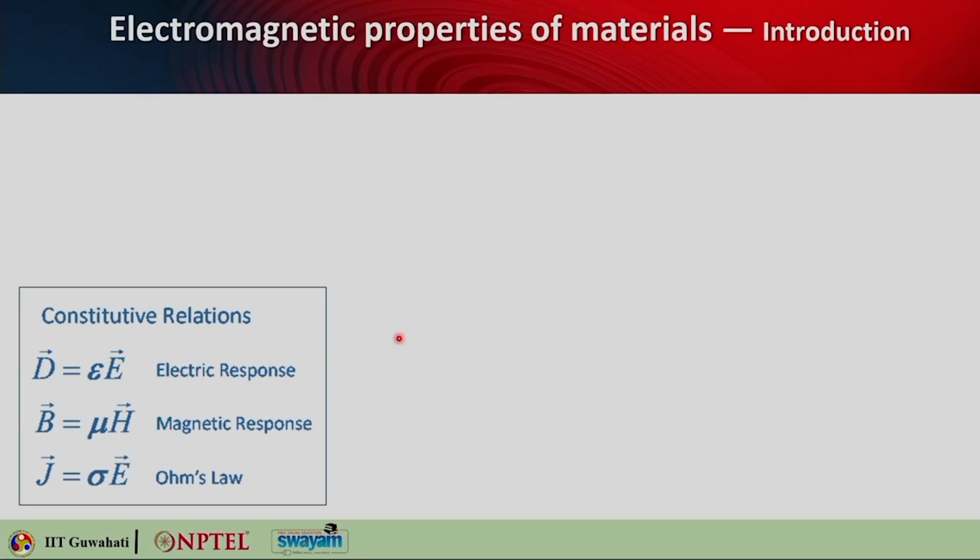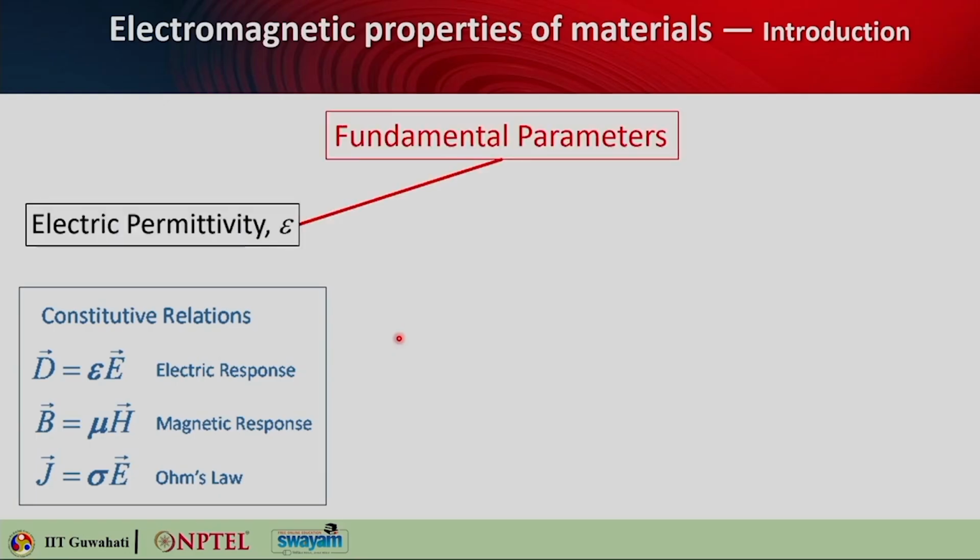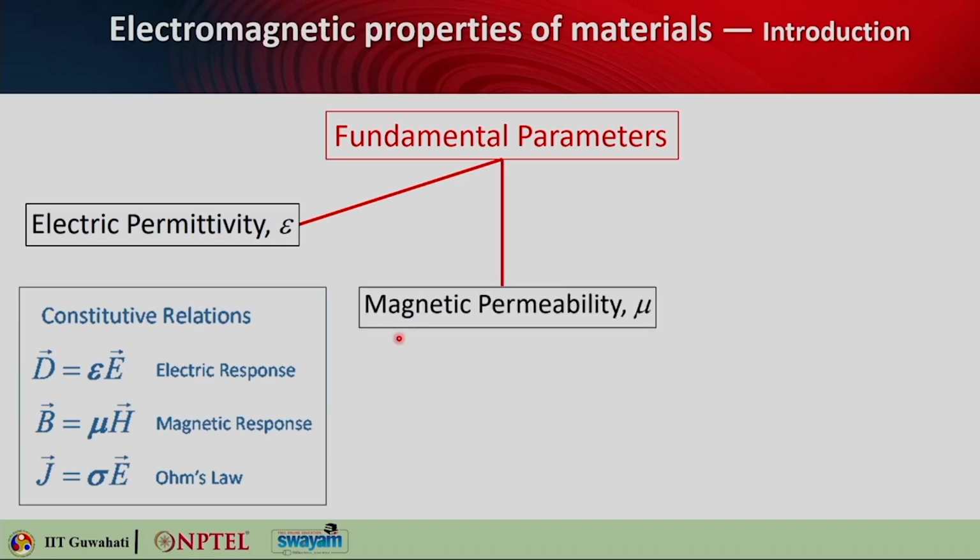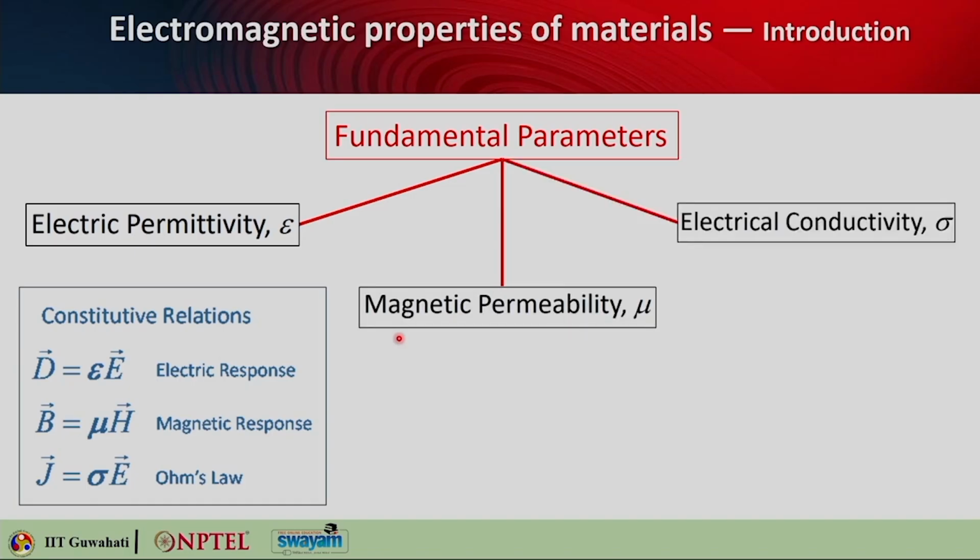When the field interacts with any material, there are a couple of fundamental parameters. One is electric permittivity, that is epsilon, then you have magnetic permeability, that is mu, and then there is electric conductivity, sigma. These are the three parameters that more or less quantify the interaction of any material with an electromagnetic wave.